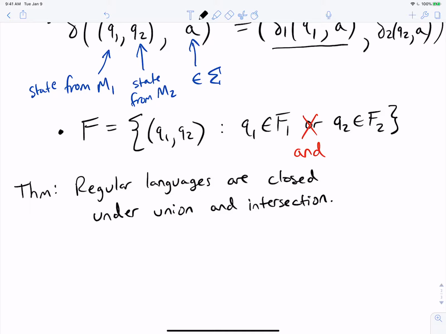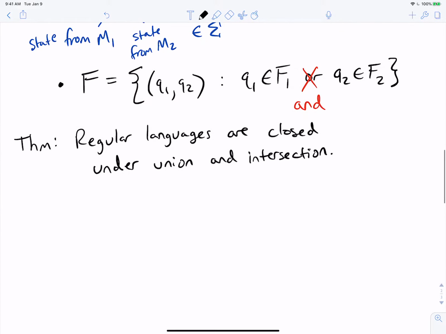In fact, there's another way we could have proved intersection, actually we can do it right now. Suppose that we didn't know that trick of just changing the or to an and. Let's just say we forgot that trick.